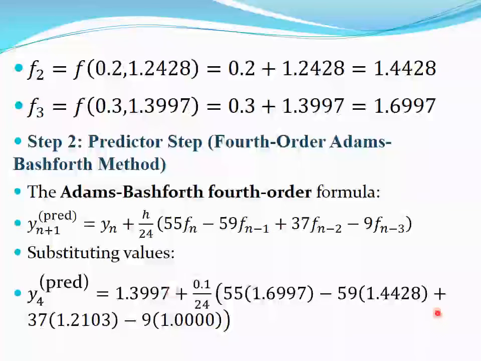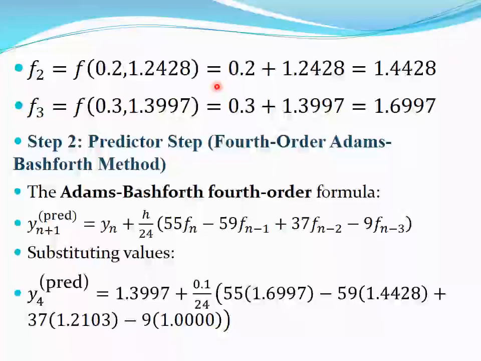Same process: we find f2. Now you can see the value x2 and the value y2, which are given in the question. Then we add both values because the function is x plus y, and we get the answer 1.4428.